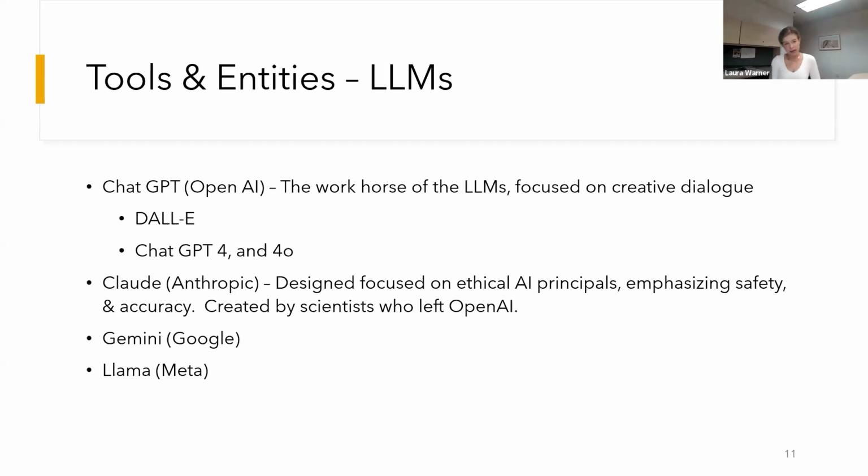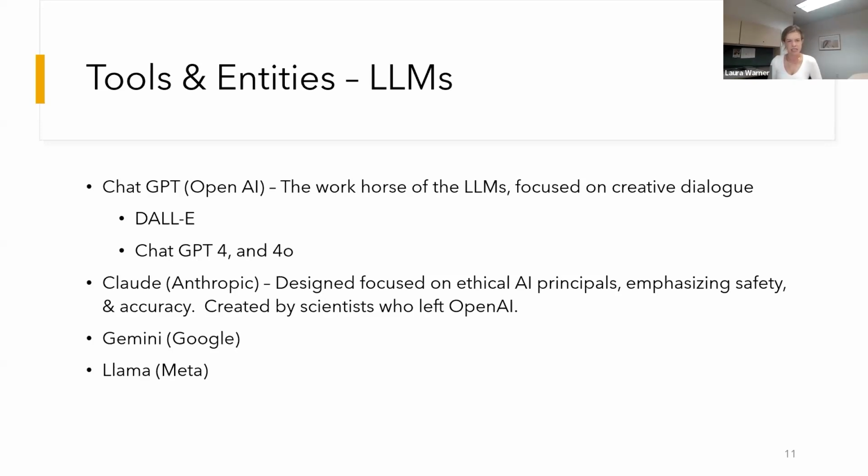And I did want to talk about LLMs because that is where much of the discussion around AI has really exploded as of late. The big three that have been around for a bit are OpenAI, Anthropic, and Google. ChatGPT came out with their publicly accessible version in November 2022.